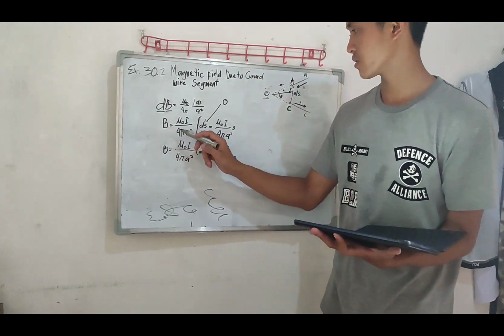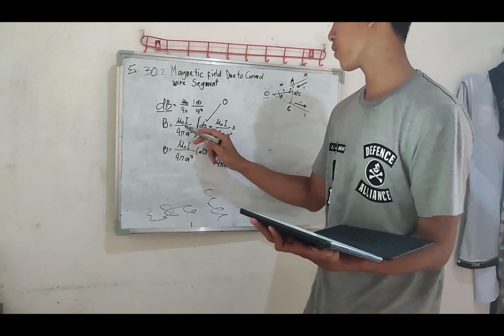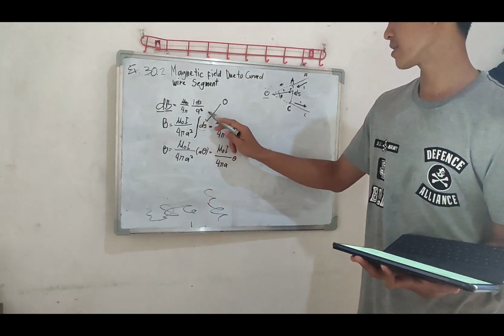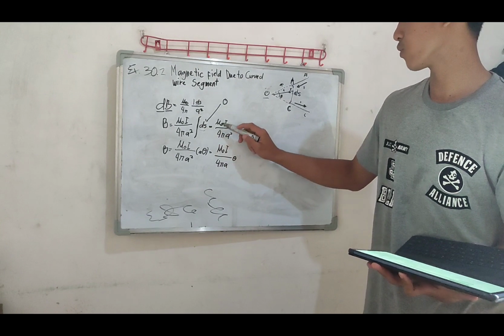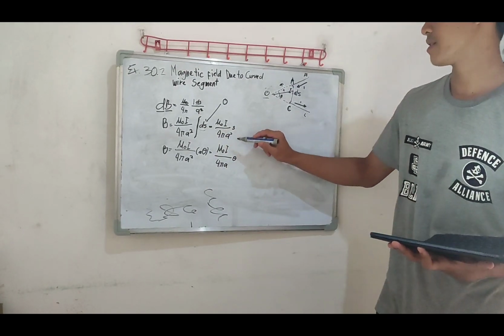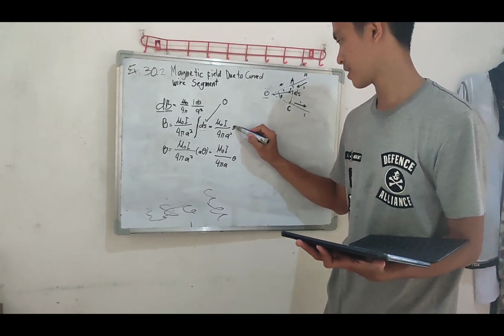So B is equal to mu sub 0 I over 4 pi a squared times the integral of ds, which is equal to mu sub 0 I over 4 pi a squared times s.